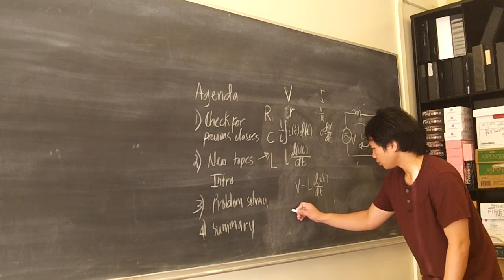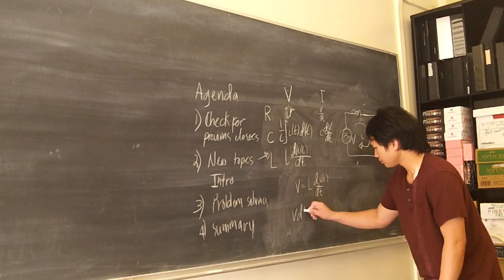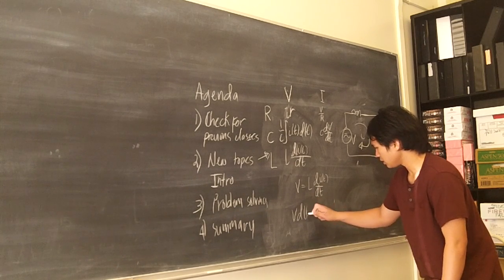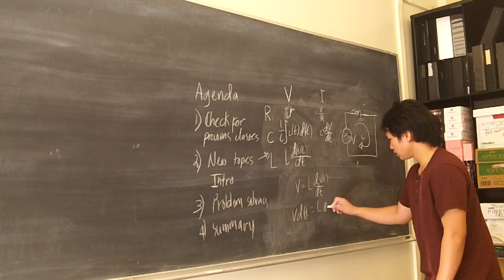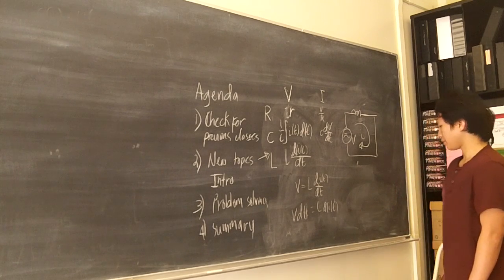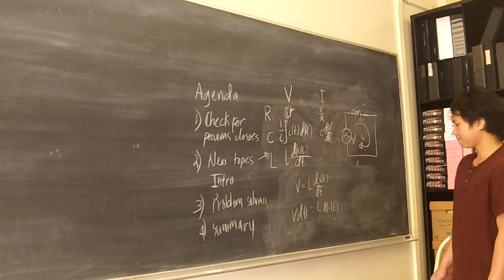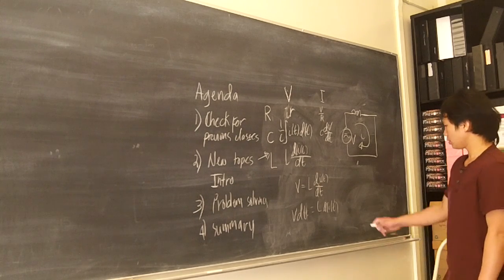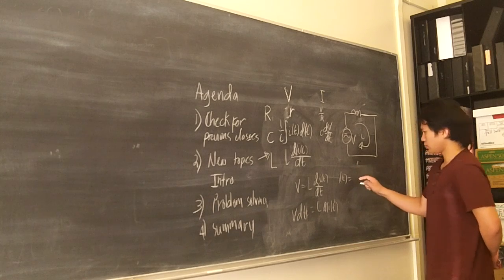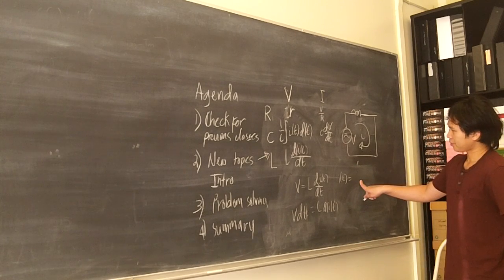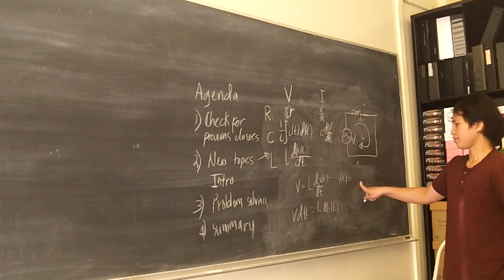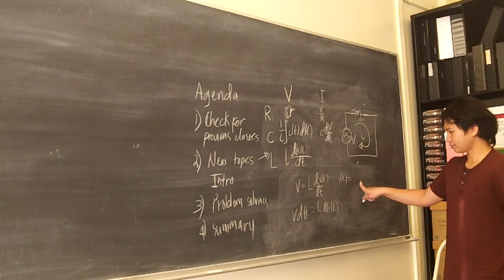So v dt equals L di of t, right? So your i of t equals what? How do you do this?